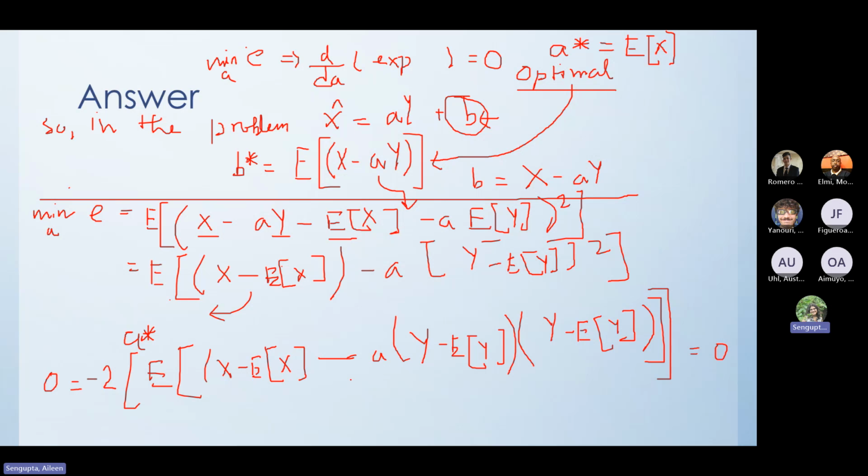If you actually work out and try to find the value of A from here, you'll end up getting A equals, setting that to 0, the expected value of x minus e of x multiplied by y minus e of y.